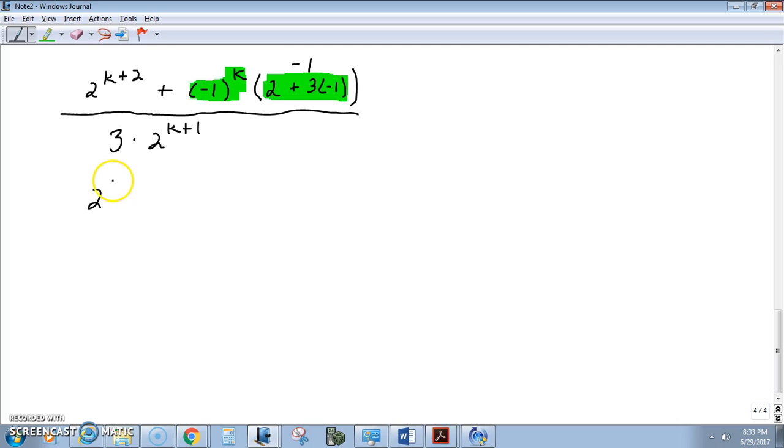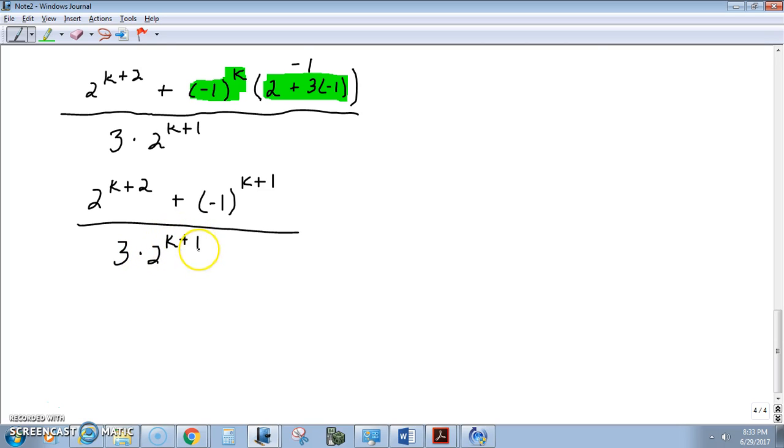So here I should have 2 to the k plus 2, plus negative 1 to the k plus 1, all over, sorry for the wavy line, 3 times 2 to the k plus 1.